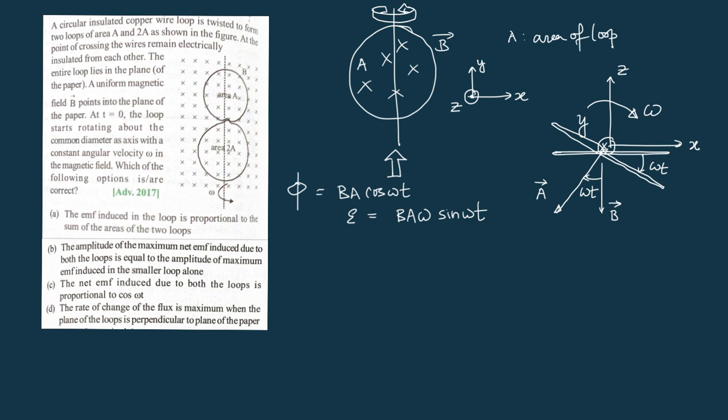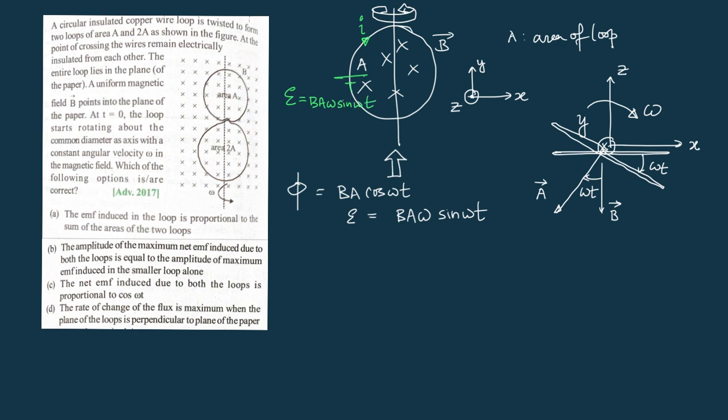So the induced current in the loop will be in such a direction that it will try to maintain the same flux. So that means there is current in this direction. So if you replace it by a battery, there is a battery like this, of EMF BA omega sin omega t.